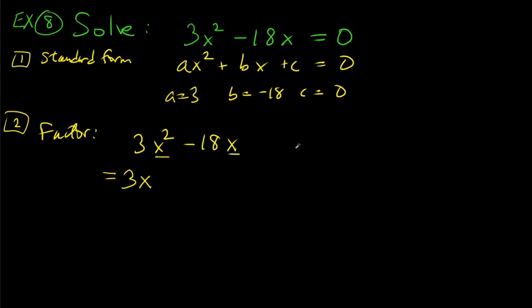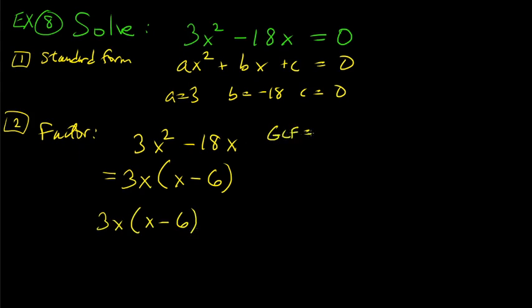So we can factor out 3x as the GCF. And when you divide 3x squared by 3x, you just get x. Negative 18x divided by 3x is negative 6. And that's it. I think we're done factoring. So here, all we needed to do was factor out the GCF of 3x.